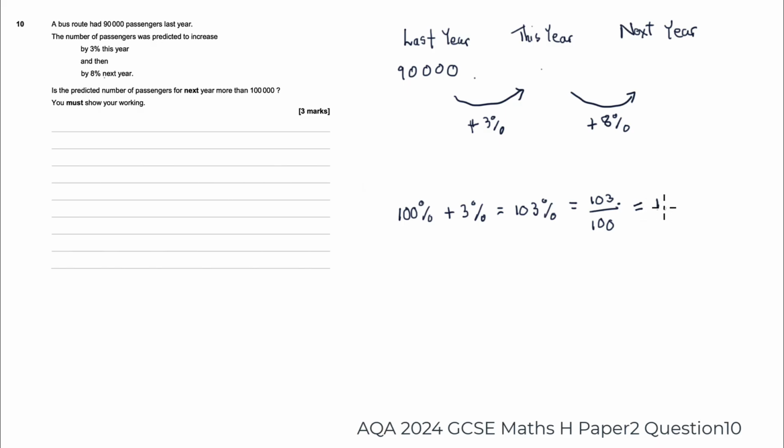So we would end up with 1.03. And this is important because if we multiply 90,000 by 1.03, that will increase it by 3%. Then in a similar way, once we've got this figure, we would multiply it by 1.08 to increase this figure by 8% to get next year's figure. So these are the two factors that we would multiply by to get the final figure. So let's bring on the calculator.